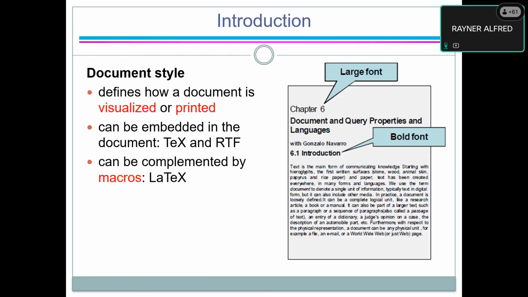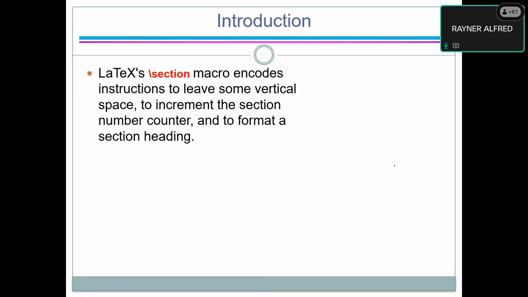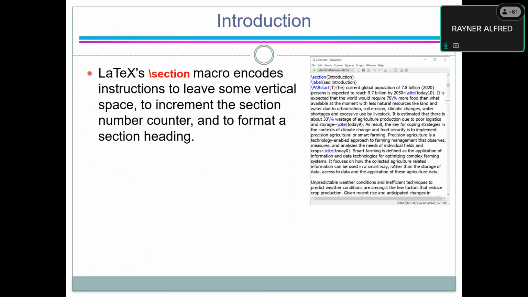Chapter 6 normally has a large font, then introduction and so on, maybe bolded. So for example, in LaTeX, we normally pre-format them by saying that this is the section, this is the section and label and so on.